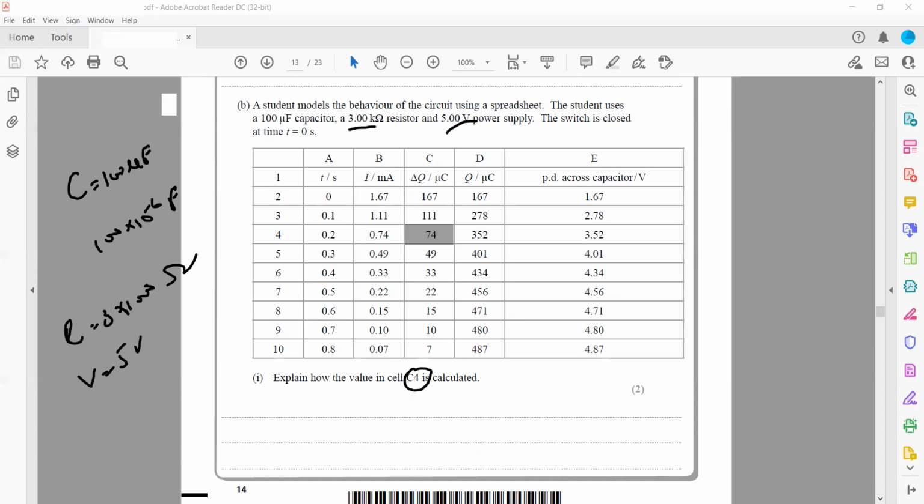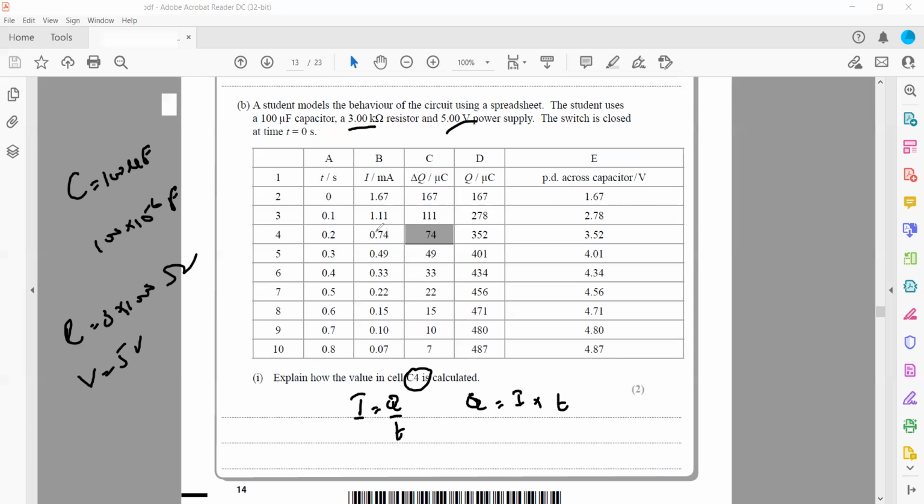We have the formula: current is charge divided by time. So charge is current multiplied by time.